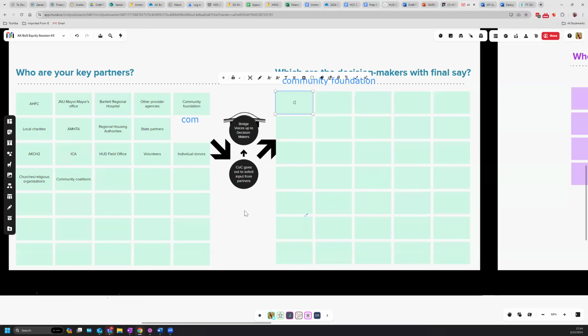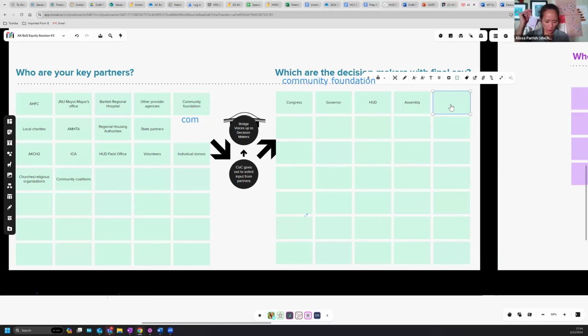Congress. The governor. I'm going to put HUD. Assembly. City. Is the assembly at the state or local level? That is Juneau. Yeah, it's local. Okay.